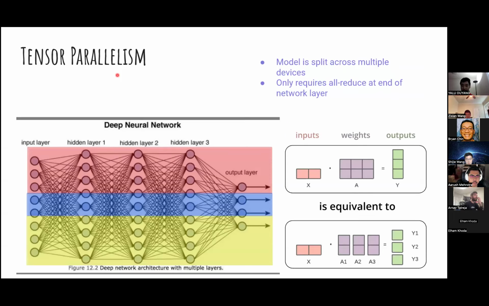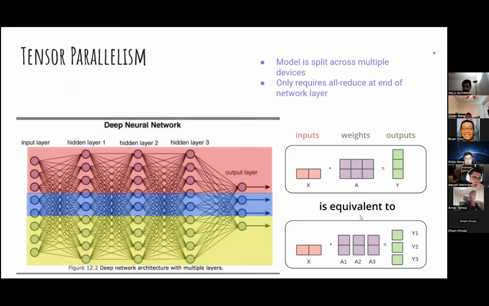Finally, we have tensor parallelism. It is very similar to pipeline parallelism, but while pipeline parallelism splits your neural network according to the layers, let's say horizontally, tensor parallelism splits your neural network layer vertically.